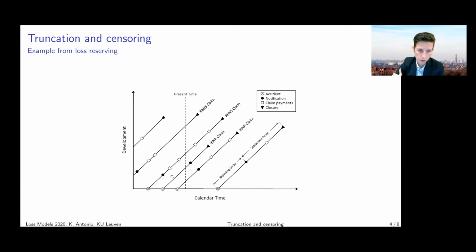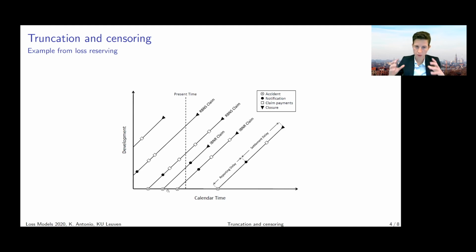But this guy, and also this guy, these are claims of which we're not yet aware, because their reporting will take place in the future, even though the corresponding accident already took place in the past.